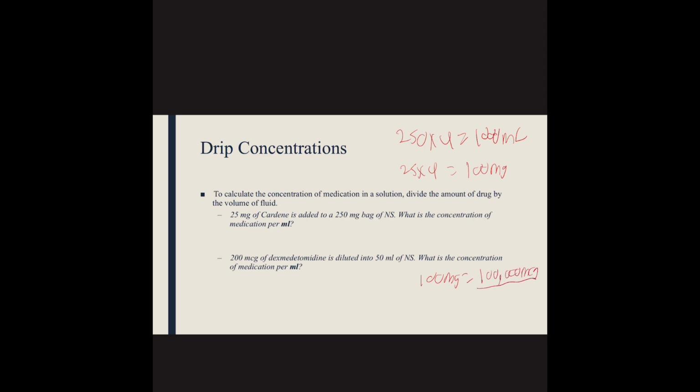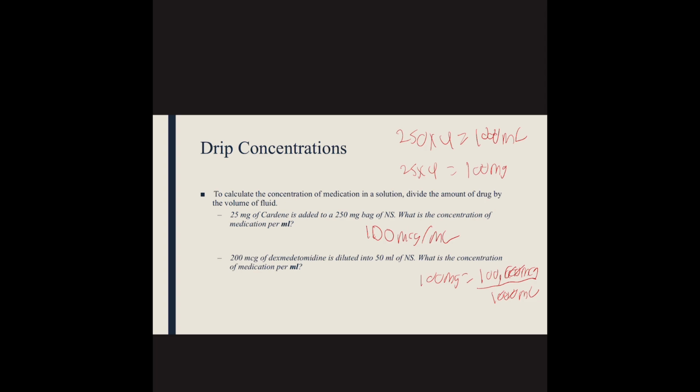And then if I put that over 1,000 milliliters, if I cross out 3 zeros at the bottom and 3 zeros at the top, I know that I am at 100 micrograms per milliliter.